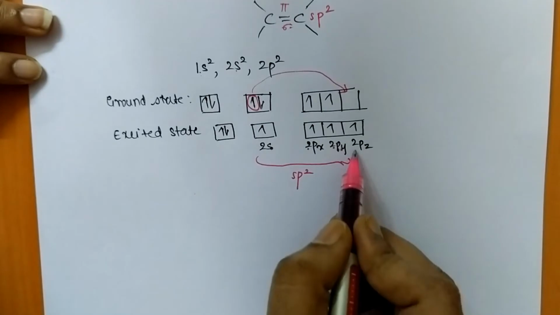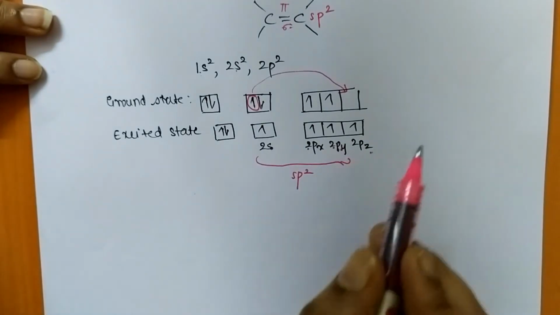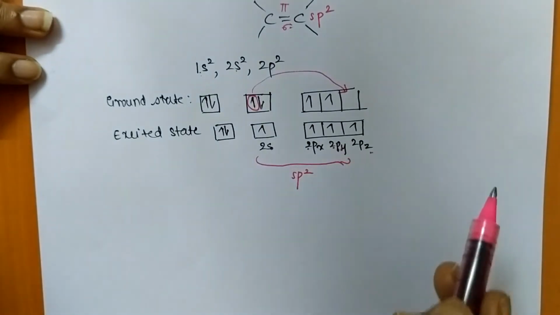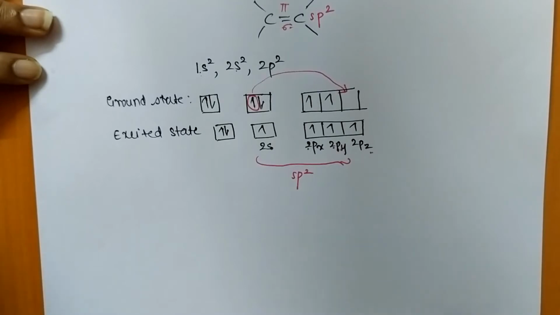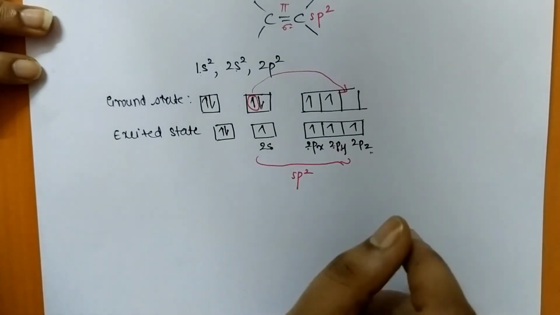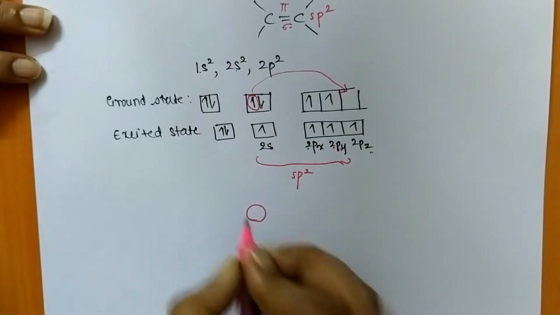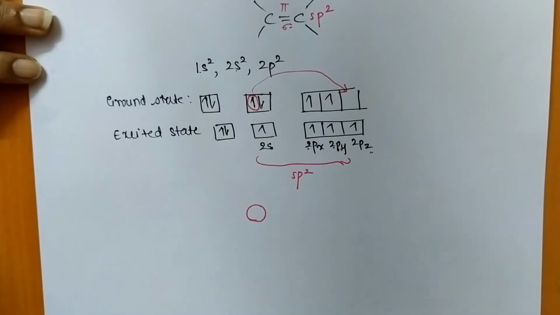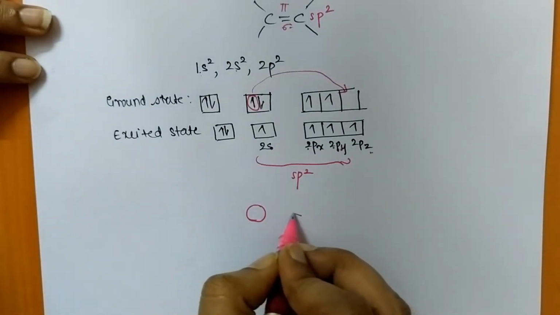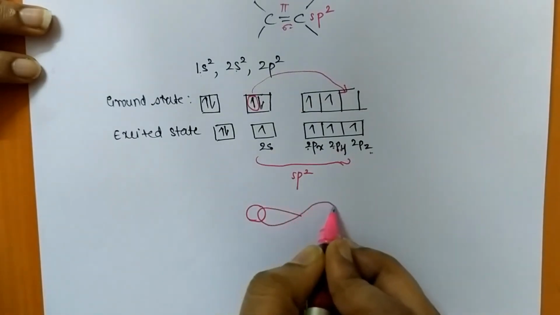while the 2pz orbitals of each of the carbon atoms join together in a lateral way to give a pi bond. Now how is it possible? The s orbital is always spherical and the p orbitals have a dumbbell shape.